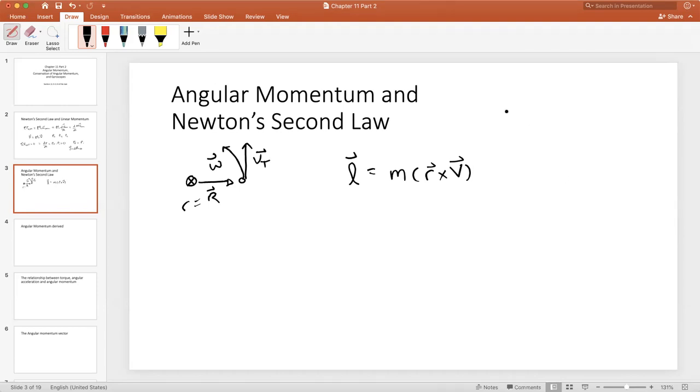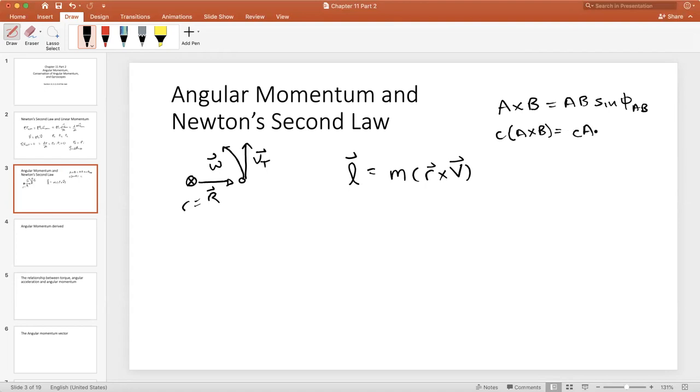So recalling from our cross product that A cross B is equal to A, B sine of the angle between A and B. Another thing to remember is that if we have some constant times A cross B, we can always pull the constant into the cross product.